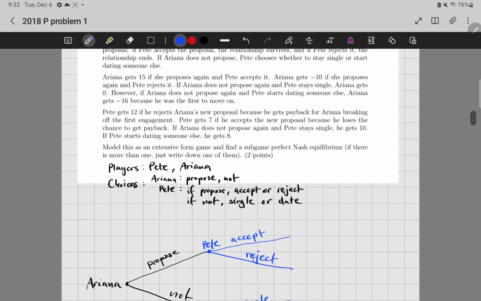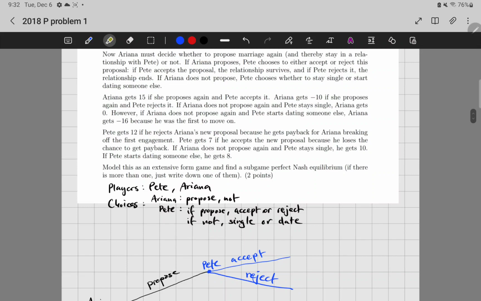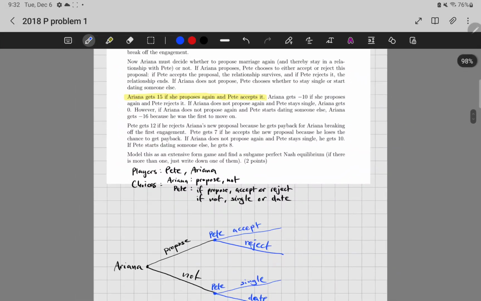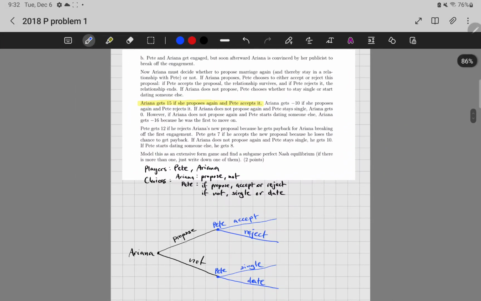Now let's look at the payoff. It says Ariana gets 15 if she proposes again and Pete accepts it. Okay, so if Ariana proposes and Pete accepts it, Ariana will get a payoff of 15. If she proposes again and Pete rejects it, Ariana gets a payoff of -10.